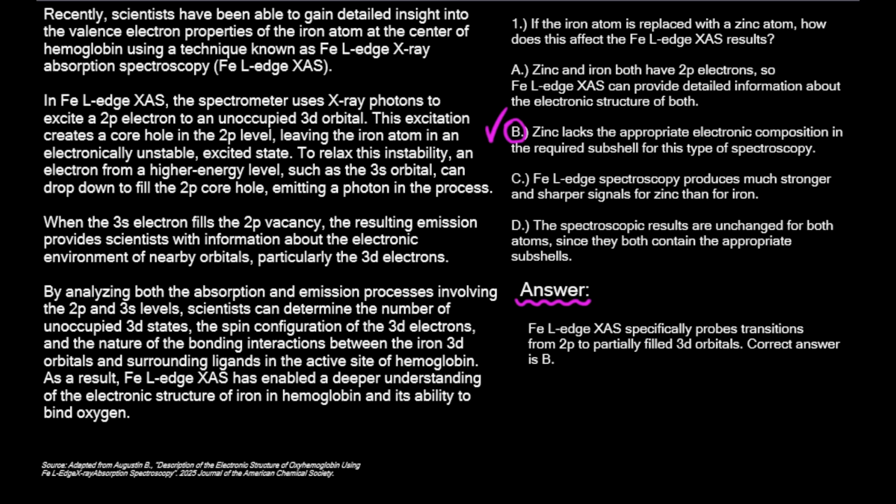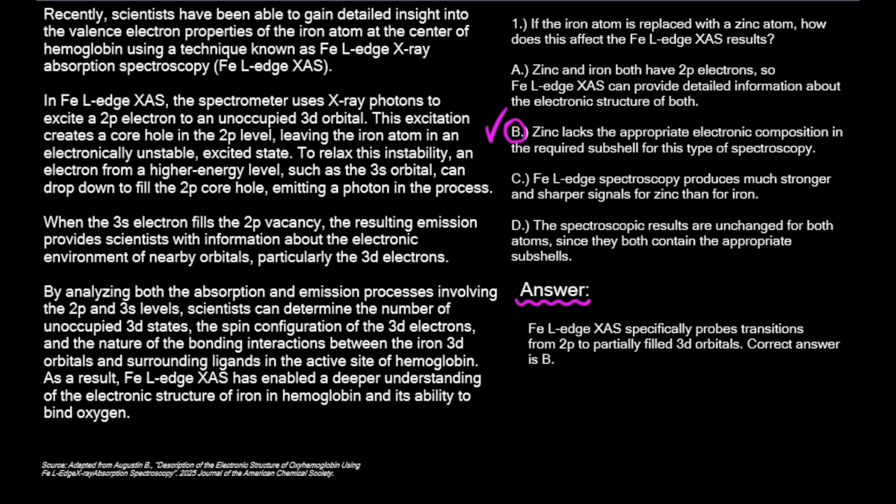Zinc, however, has a completely filled 3d10 subshell because there are no available empty 3d orbitals for the electron to transition into. This type of spectroscopy does not provide useful information for zinc. Therefore, replacing iron with zinc disrupts this spectroscopic procedure and it makes choice B the correct answer.